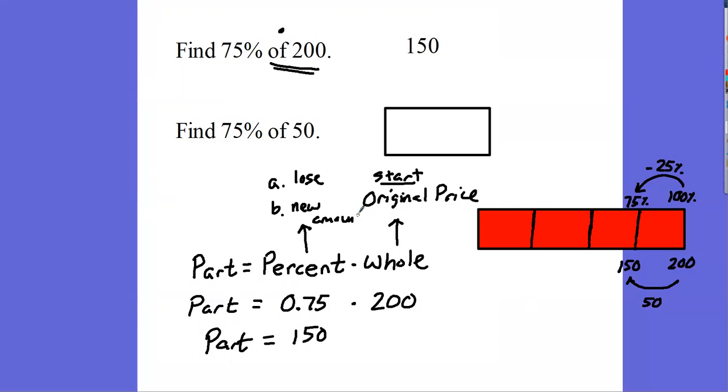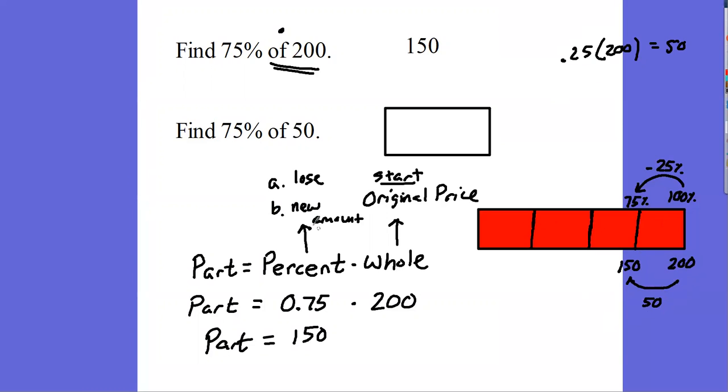And in the example that we just talked about, if I'm going from 100% to 75%, the amount that I'm losing would be 25%. So I could do 25% of 200, and that's going to go directly across from this 25% in this picture. That's going to be this 50. 25% of 200, I'm basically losing 50 of what I started with.